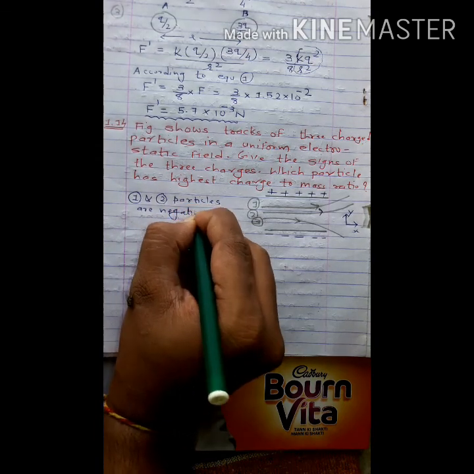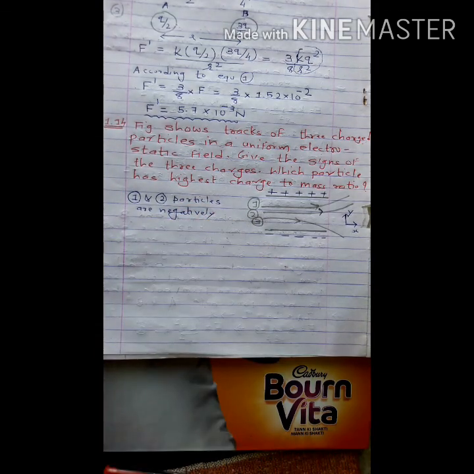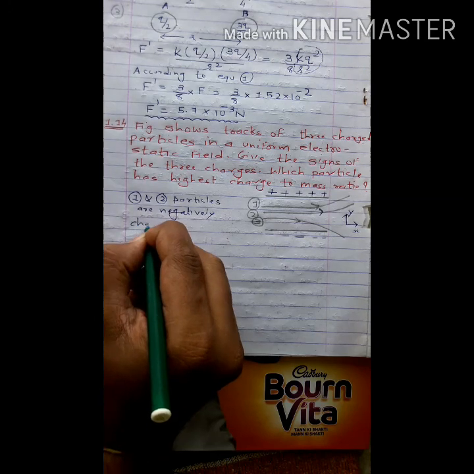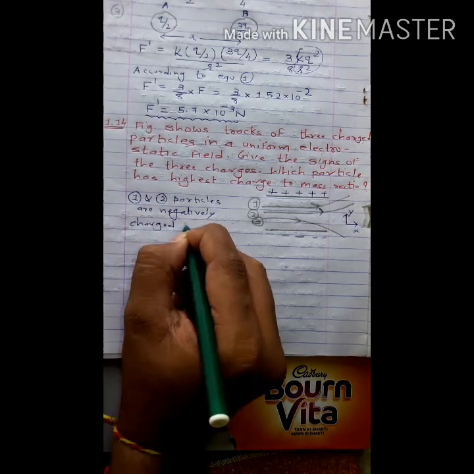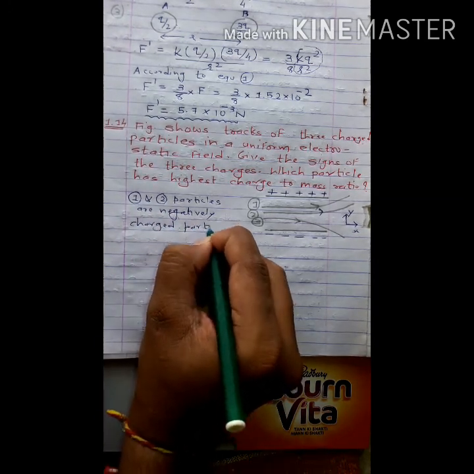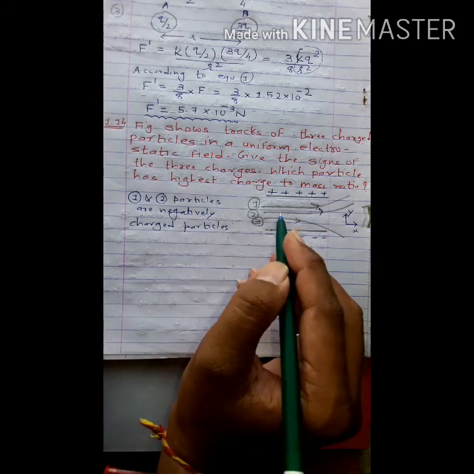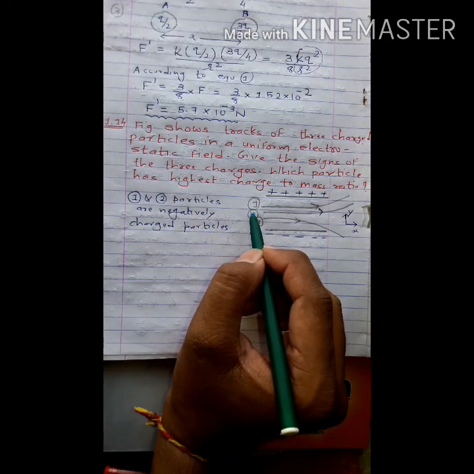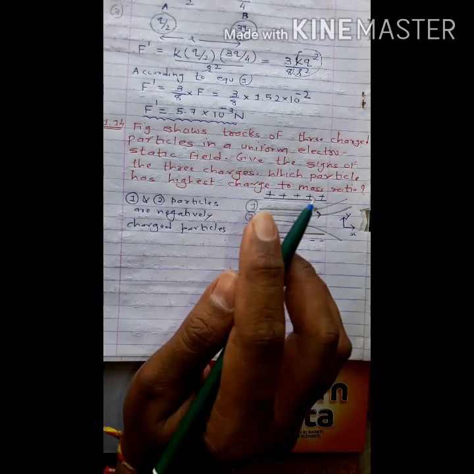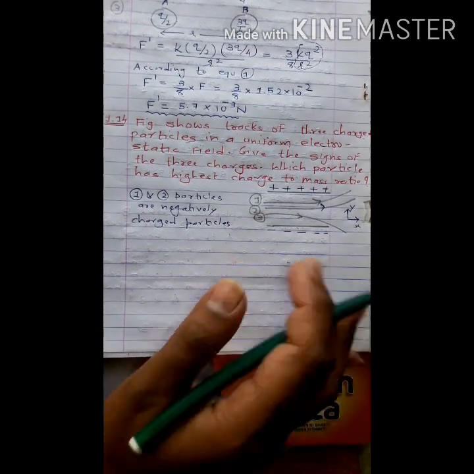Because the first and second charged particles move towards the positive plate, they are negatively charged particles.